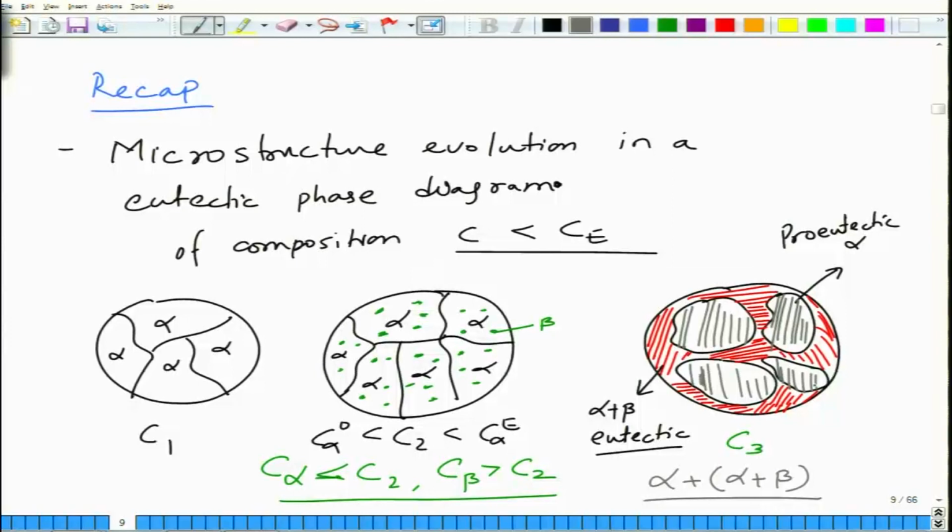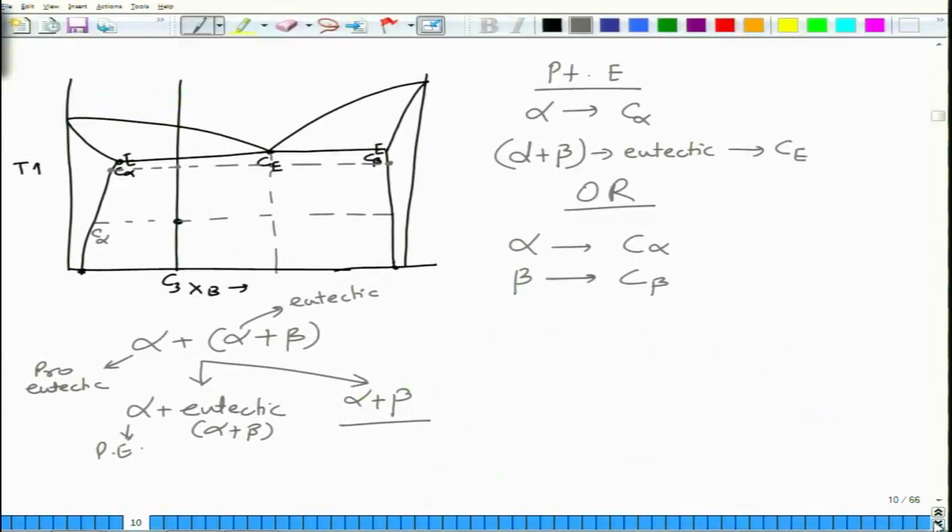Whatever liquid is remaining just above the eutectic converts into the eutectic alpha and beta mixture, where the beta phase is the red phase and the alpha phase is the light colored phase, and so the microstructure looks like this. I will show you the real microstructures in a little while before we finish, but let's finish the composition analysis and phase fraction analysis of the eutectic phase diagram. I hope you understand what we have done at this point in terms of microstructure evolution.